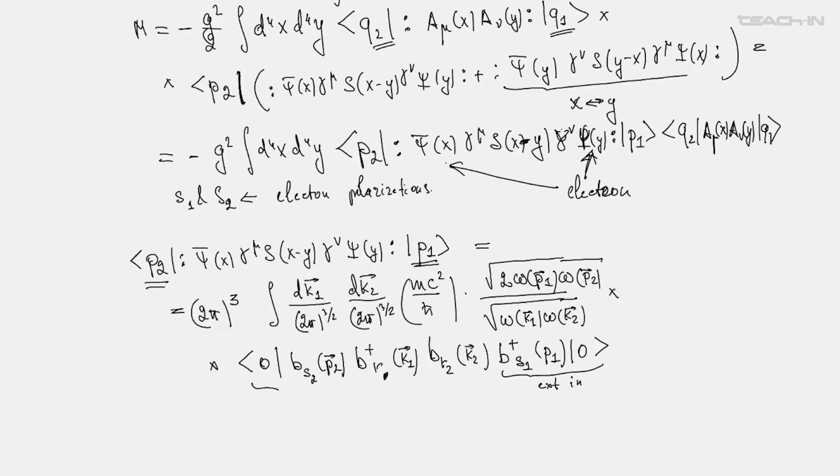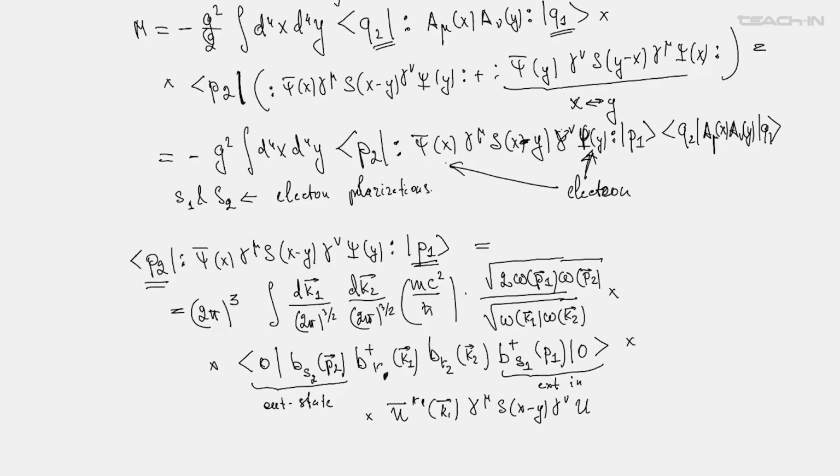And then this we have to multiply by our spinors, which encode the information which comes together with creation annihilation operators coming from psi bar and psi. So this is u bar R1 of K1. And then we have this combination gamma mu S(X minus Y) gamma nu, and another spinor u R2 of K2.